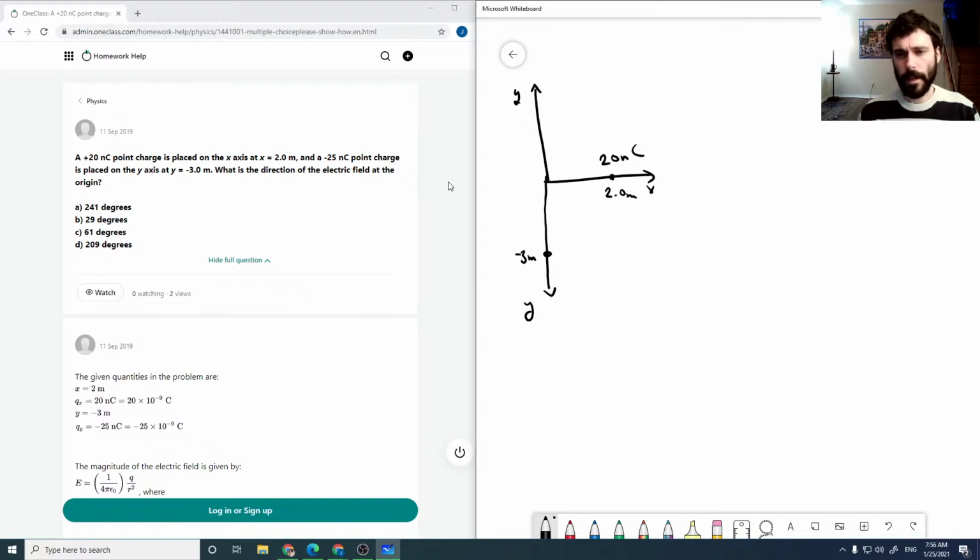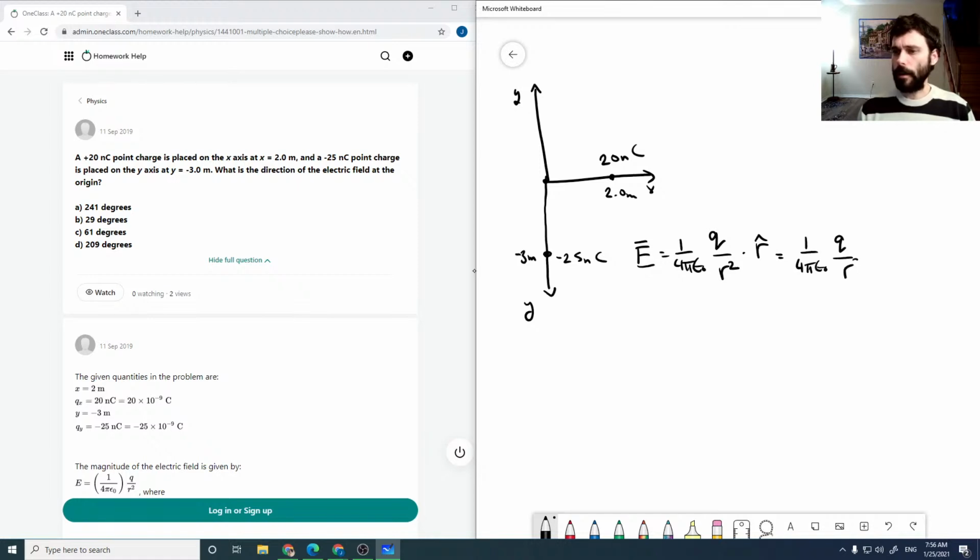We've got a -25 nanocoulomb charge, and it wants to know what is the direction of the electric field at the origin. So electric field is a vector quantity, so it's 1/4 pi epsilon naught, the charge over r squared times r hat, which we can write as 1/4 pi epsilon naught charge over r cubed times the r vector.